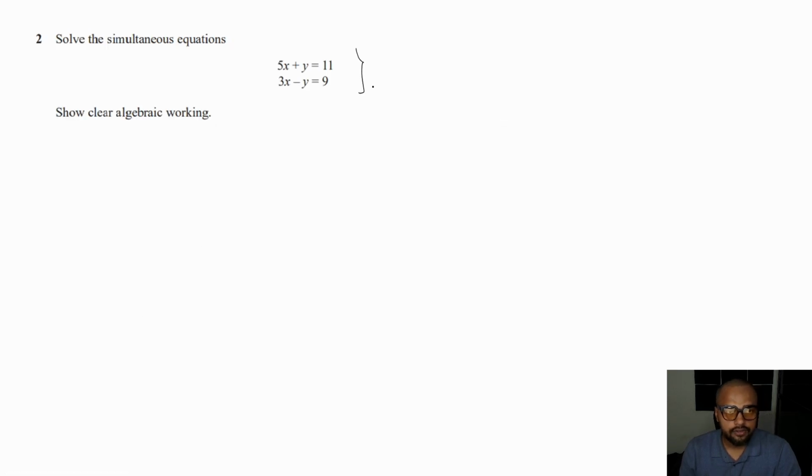Solve the simultaneous equations. They have given us two equations here, and we need to show clear algebraic working. Many ways are there: substitution, elimination. We'll solve it the easiest way possible, that is the elimination way.